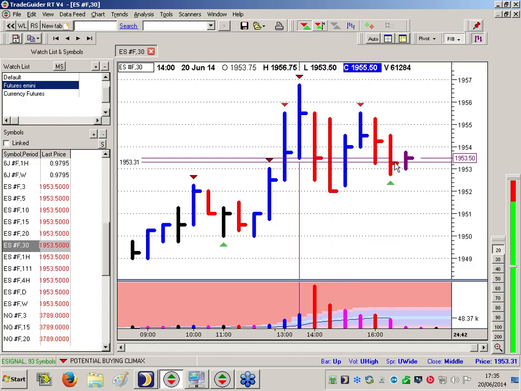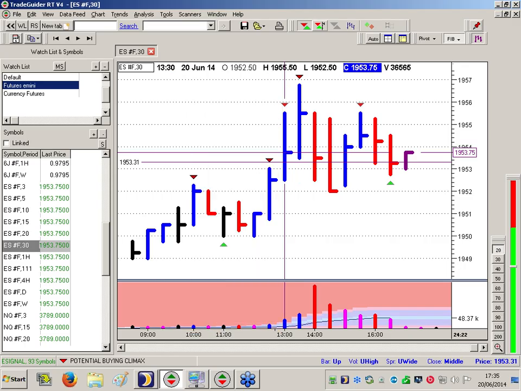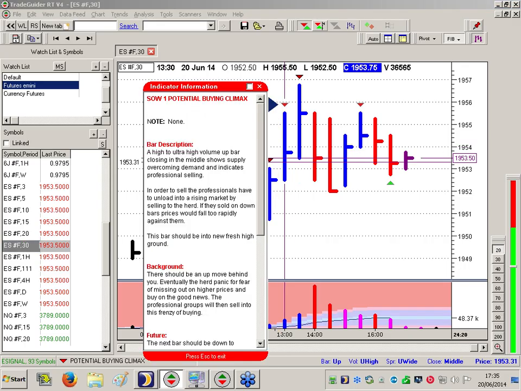You can see, if you put the cursor over a bar with an arrow, there's a red arrow, look. What's that, Peter? Yeah, there is a dialog box that goes with all these signals. Look, one there, right? And what's that say?